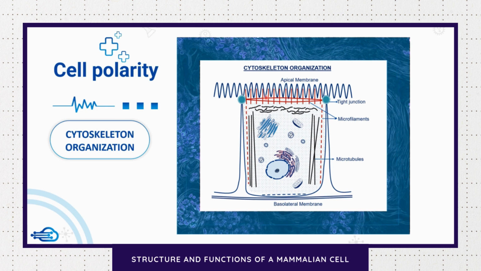So, functionally, because of the arrangement of the proteins, apical membrane differs from the basolateral membrane. So, it is giving the cell a kind of specialization in function. Plus, the cytoskeletal organization is also something like that. There is plus end, there is minus end, that we will see in a short while.